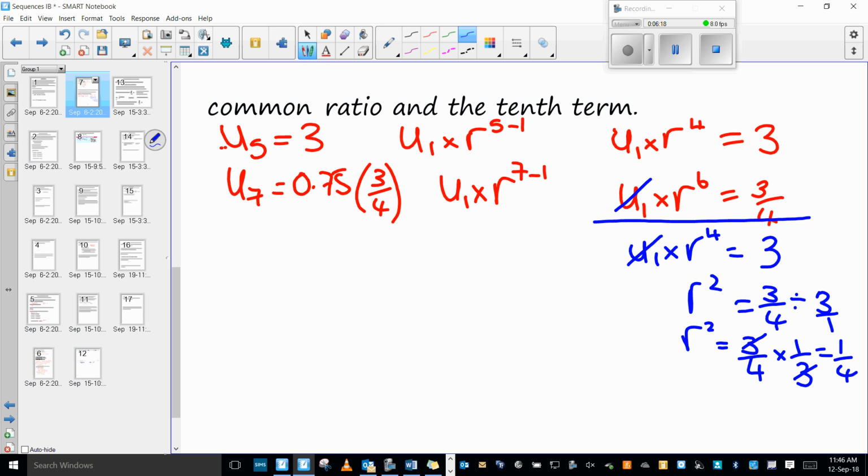So r squared is 1/4, and we find r by taking the square root. What's the square root of 1/4? What's the square root of 1? 1. What's the square root of 4? 2.